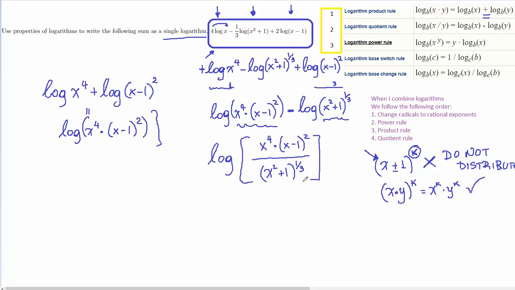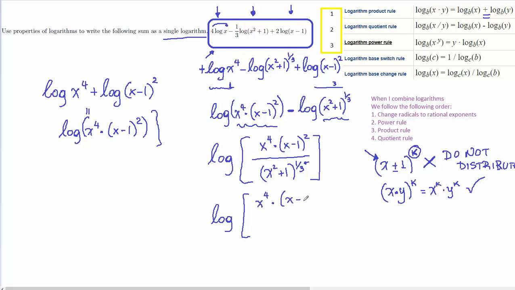Now, if you want, you can change the radical exponent into a root. What type of root? Since the denominator of this exponent is 3, this means that the root that you will use will be of order 3.